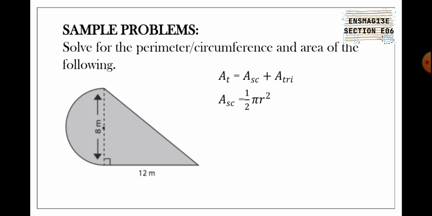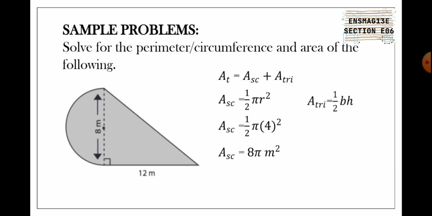The value of your r is 4, which is half of the diameter. So 1/2 pi times 4 squared. 4 squared is equal to 16, and 16 times 1/2 gives us 8. With the presence of pi, the area of the semicircle is equal to 8 pi meters squared.